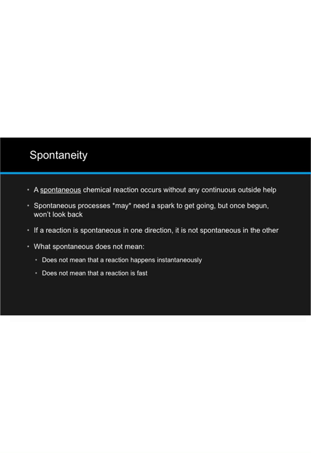Think about a match being struck. Without being struck, a match doesn't spontaneously burn. But once we give that match a kick by striking it, it will burn and burn vigorously and burn until it's burnt out. So we say that a burning matchstick is a spontaneous chemical reaction.